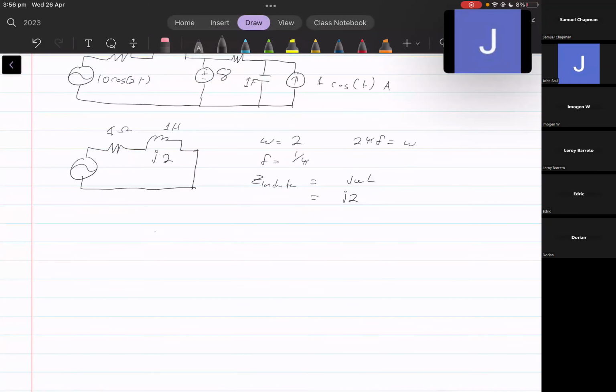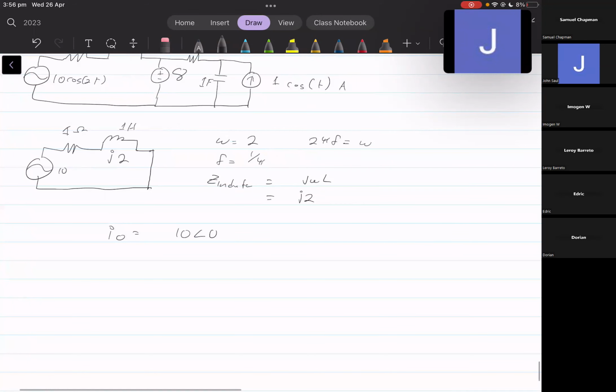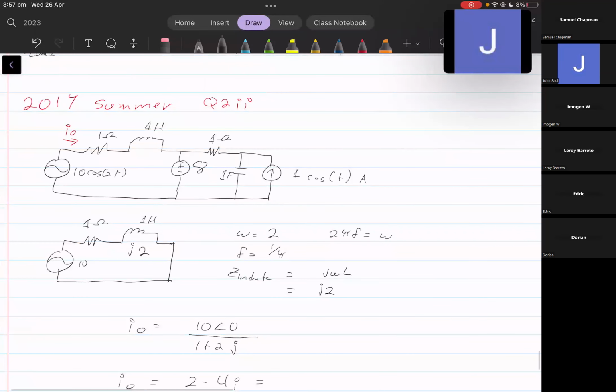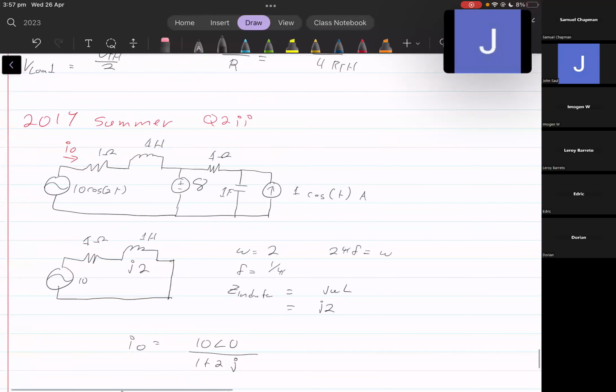And then the current is just going to be 10 angle 0 divided by 1 plus 2j. Then we'd just put that into phasors on the calculator, and that would tell us the first one. Then we'd disable the other sources and add all of them up together.